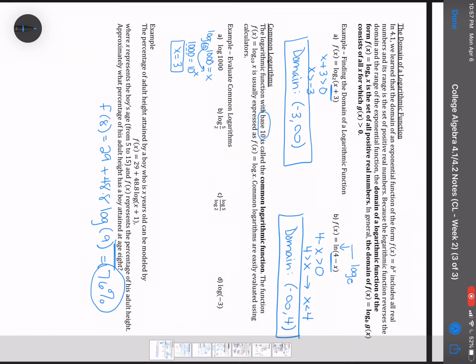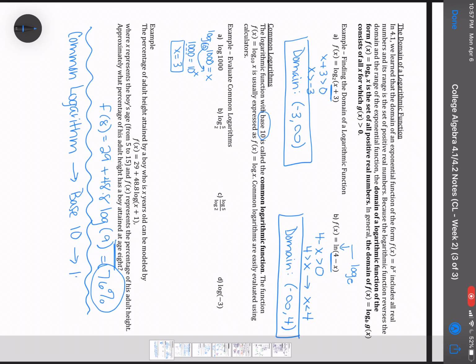Okay. The one thing that our notes are missing here, so we had the common logarithm, which was base 10, and it just looked like log of x.